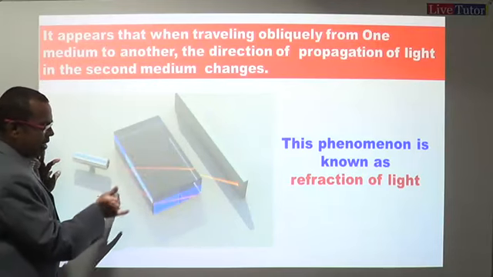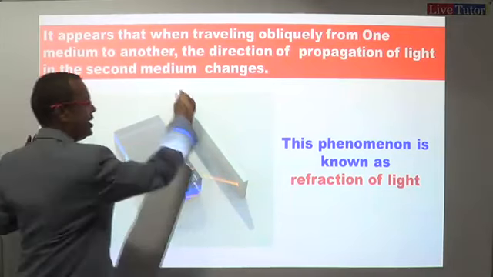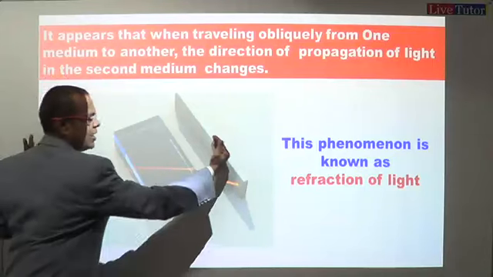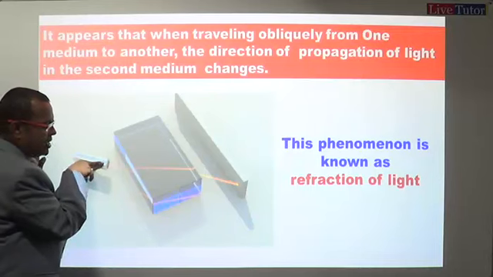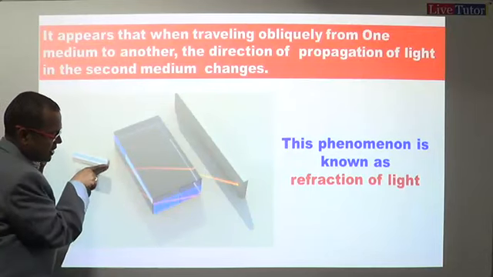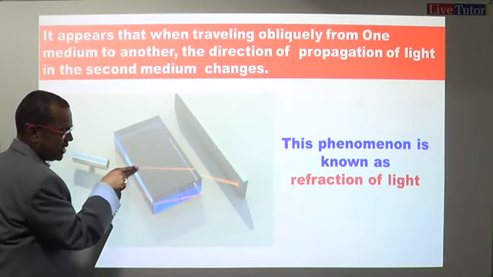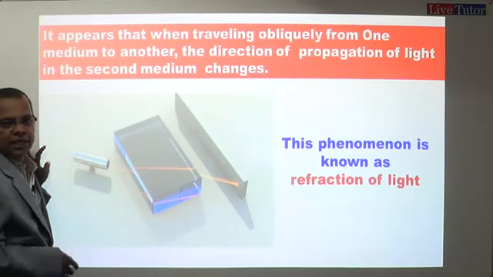Here we have the air medium, the glass, and this is another screen so that we can see the spot of light. Now when the laser beam is passed through the glass slab, you can see that the ray seems to be displaced inside the medium. Right? It is changing.